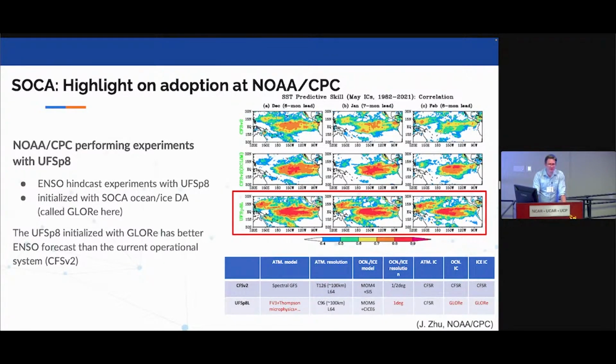How much of that is the model, how much of that's the initial conditions, that would have to be torn apart. But as the DA person, I would like to take credit for the initialization probably. So it does bode well that the experiments both at CPC and EMC are showing that the ocean DA is performing quite well already.